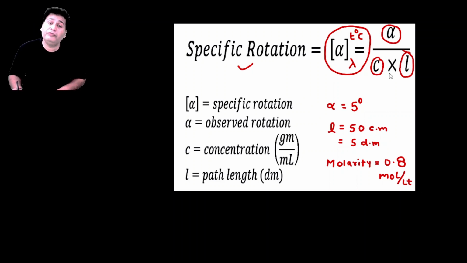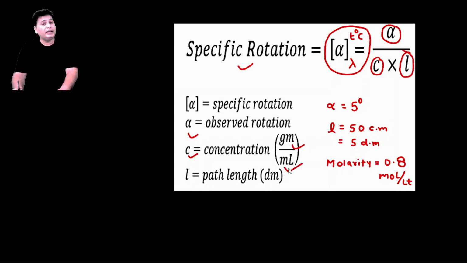However, you should be very careful about the units. The alpha, as you know, is given in degrees. The concentration, you must understand, is not molarity. Here the concentration must be specified in grams of compound per ml of solution.